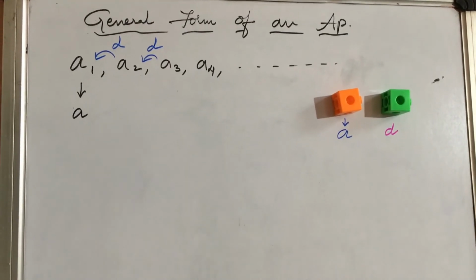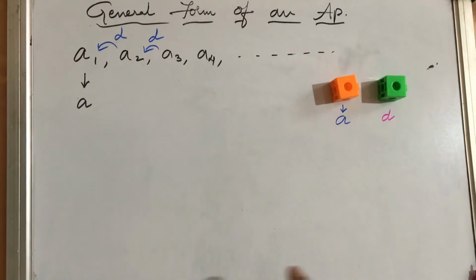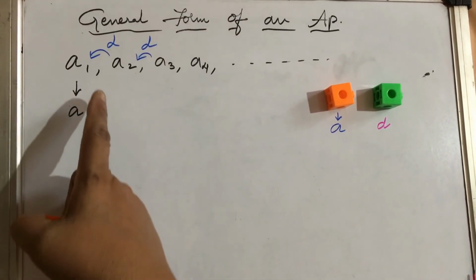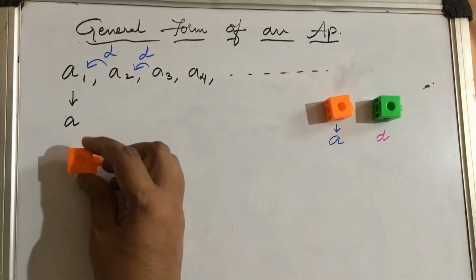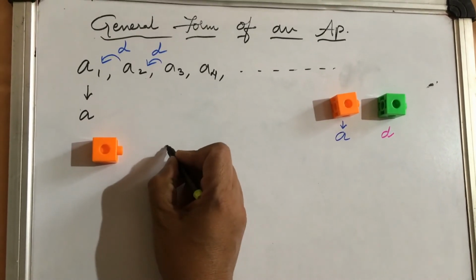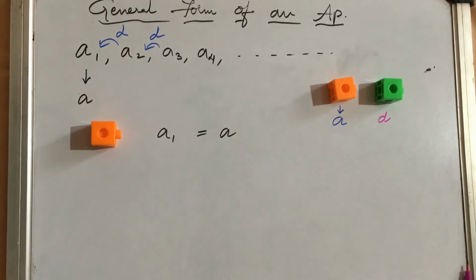which is d. Let us do an activity to generate the AP. First of all, I am starting with an AP that starts with the letter a, the first term. This is the first term, it is nothing but a.